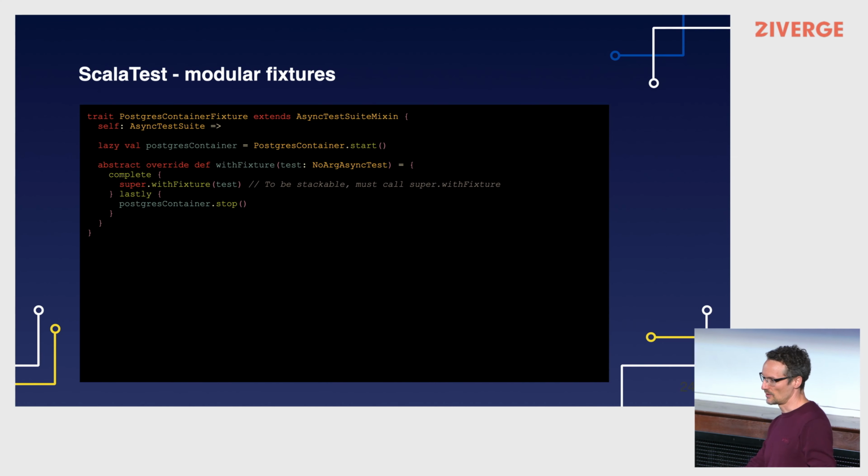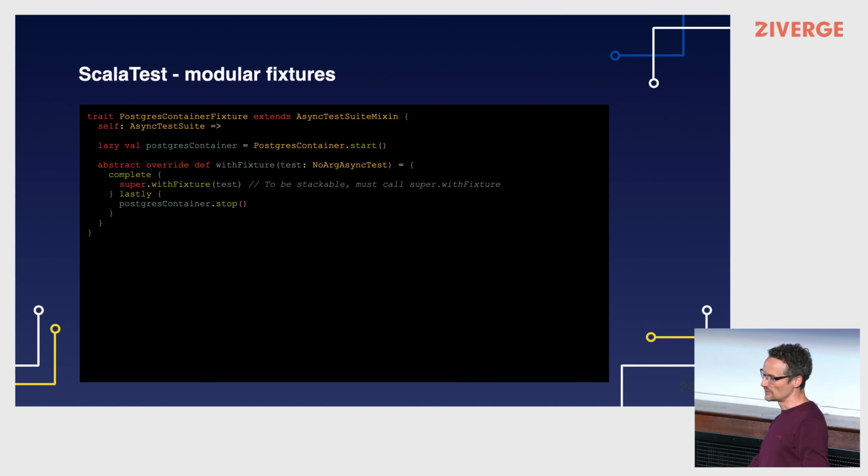Okay, so let's see how we can write modular fixtures, because most probably we will have a lot of modules and we want to share them, at least the code between the tests, so that we don't repeat the same setup and tear down logic in every test file.